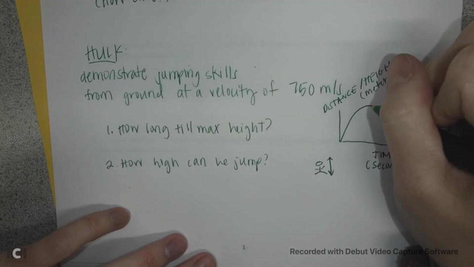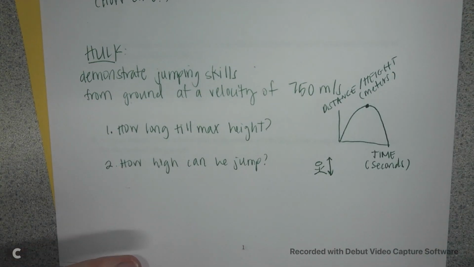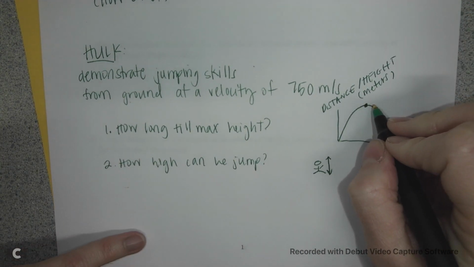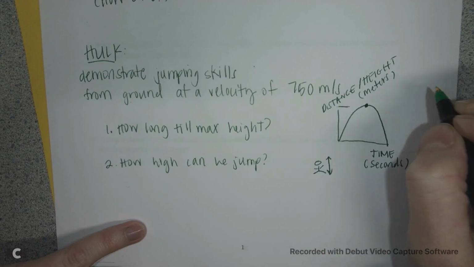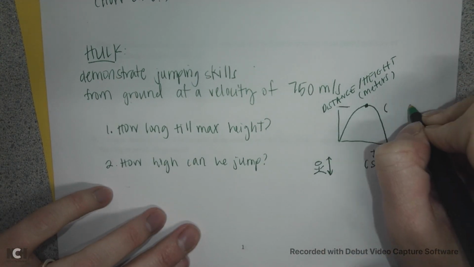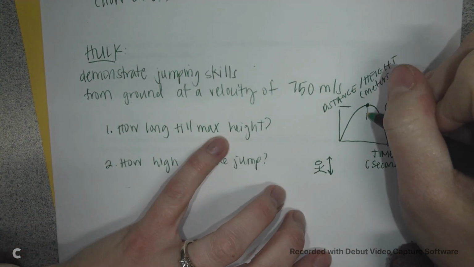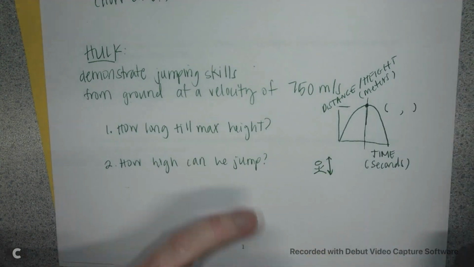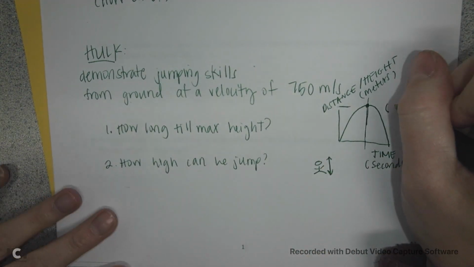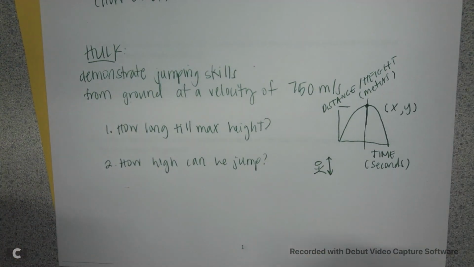So we're trying to figure out the maximum height, and how long till the max height. We're looking for this, which is our vertex, our x and our y. That would be here.